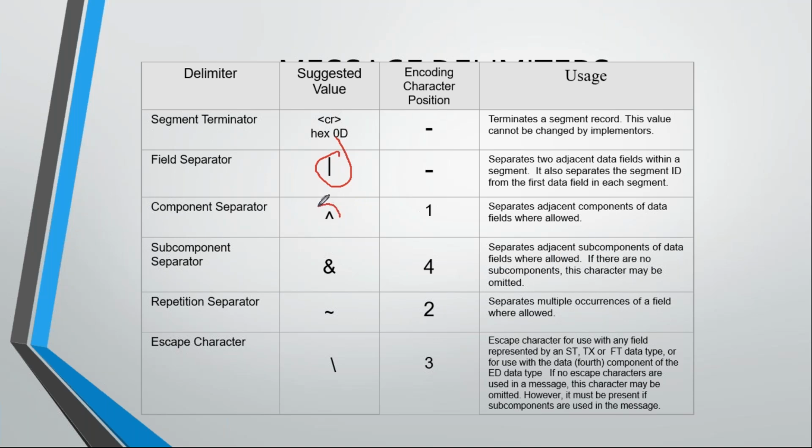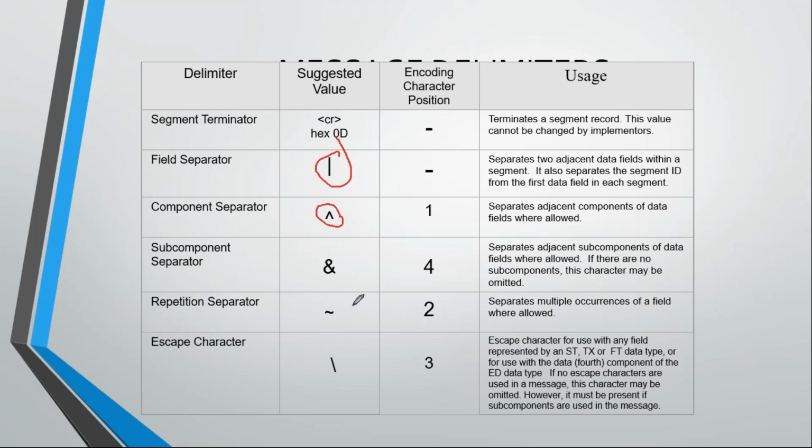Then you have the caret. This is not the vegetable carrot, it is called the caret. This is used for separating two components within a field. And then we have subcomponents, which are separated with the help of the ampersand.